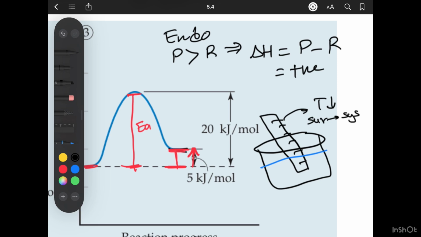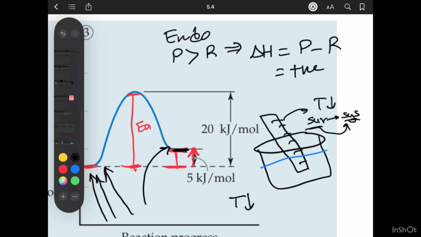The reason is that I need to supply my system with energy in order to make products with a higher amount of energy. So in endothermic reactions, the temperature decreases, the transfer is from surroundings to system, and delta H is always positive.